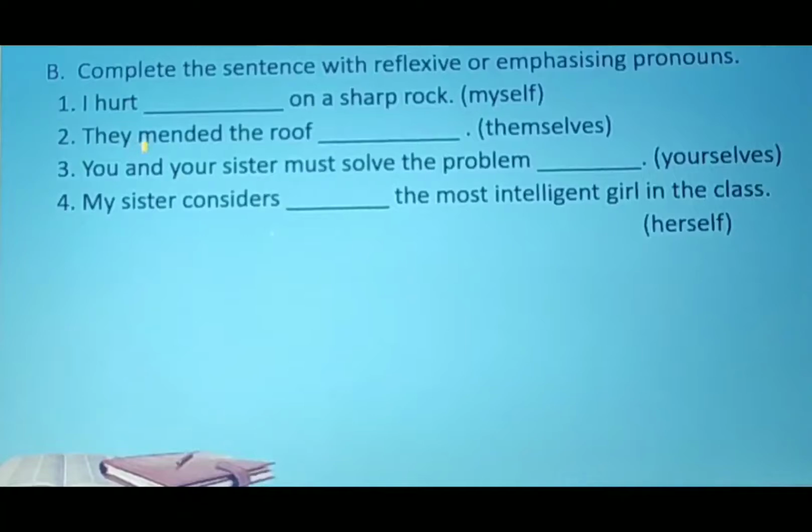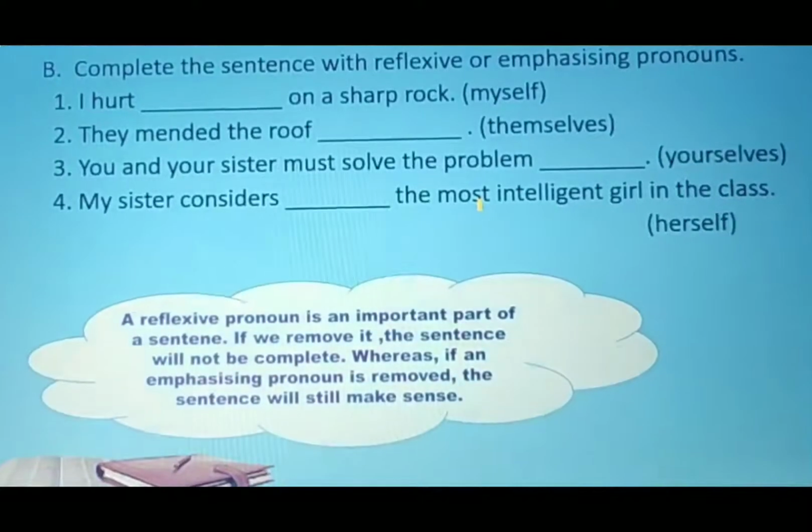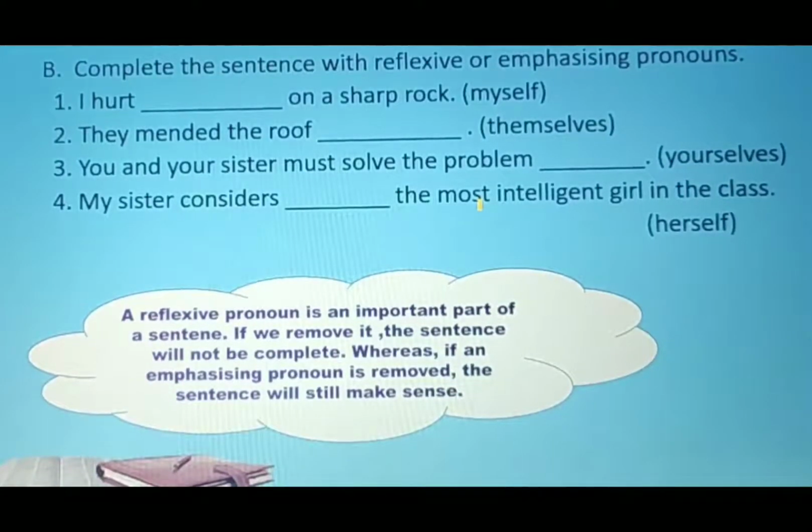Now, you may have a confusion between reflexive and emphasizing pronoun because both of them seem to be similar, right? So, let's look at an example to understand the difference. It is an important point. A reflexive pronoun is an important part of a sentence. If we remove it, the sentence will not be complete. Let's look at the first example again.